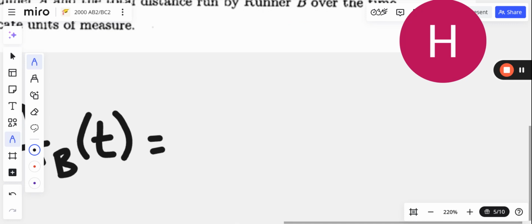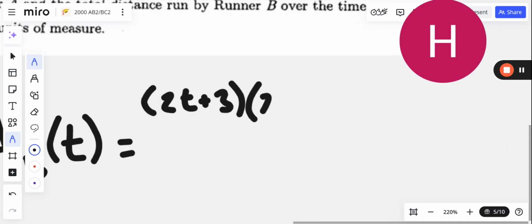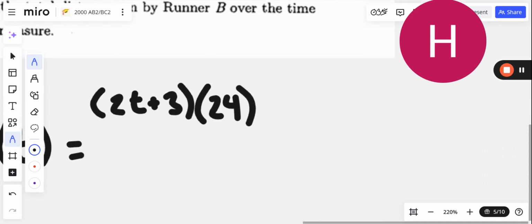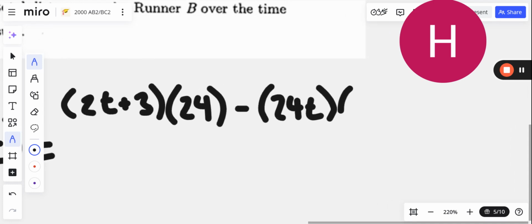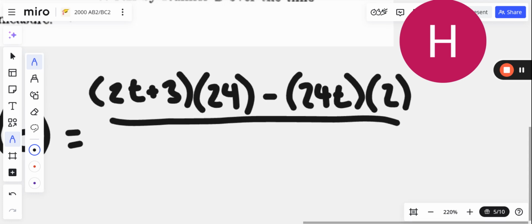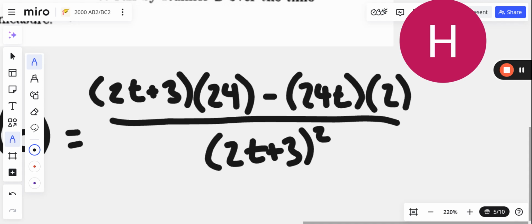I know it as HoDHi, so (2t plus 3) times the derivative of the top, 24, minus the top, 24t, times the derivative of the bottom, all over the bottom squared, (2t plus 3) squared.